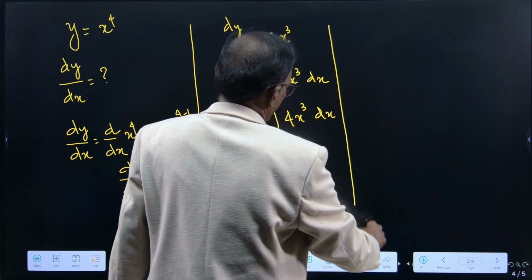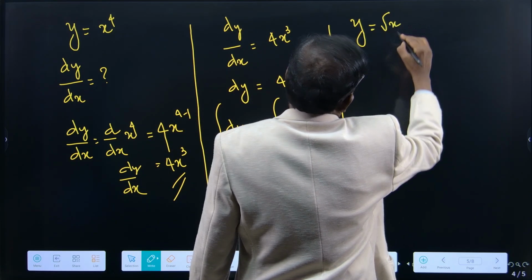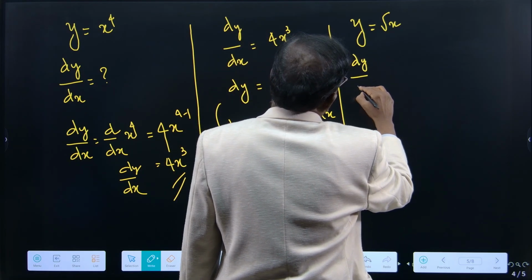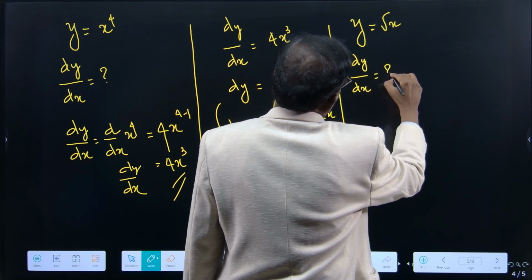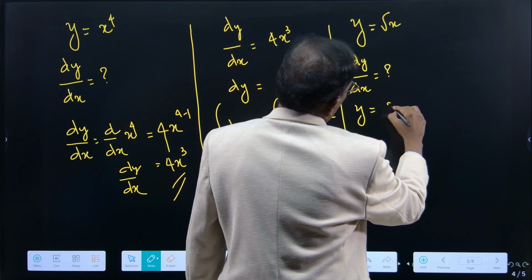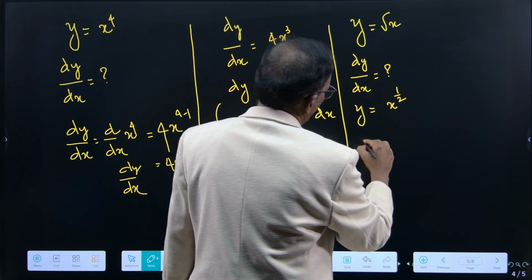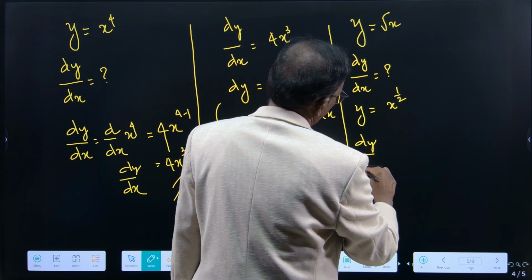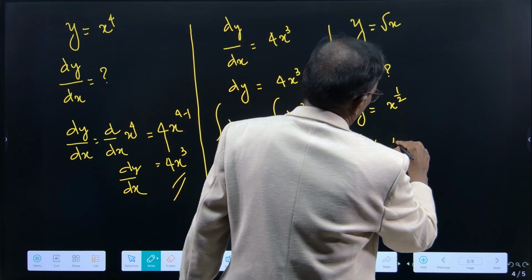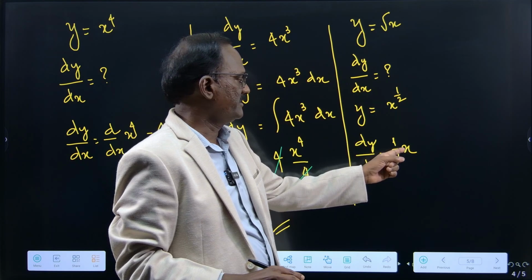Another example we will take. Let me write y is equal to root x. Find dy by dx. So root x can be written as x power of 1/2. Then dy by dx is equal to, first multiply the variable with the power.